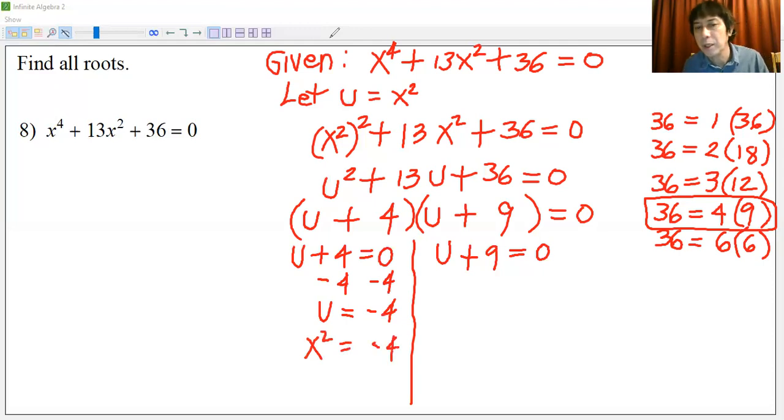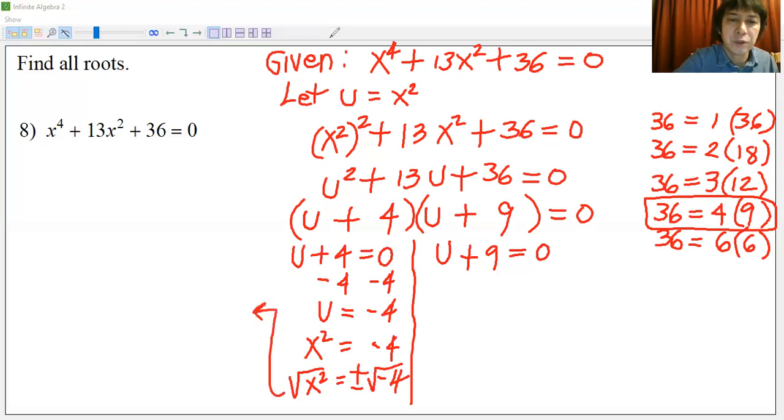All right, to get the x, we extract the square root: square root of x squared and square root of negative 4. And this must be plus or minus. That negative 4 will give us imaginary. So this will continue with x equal to plus or minus.